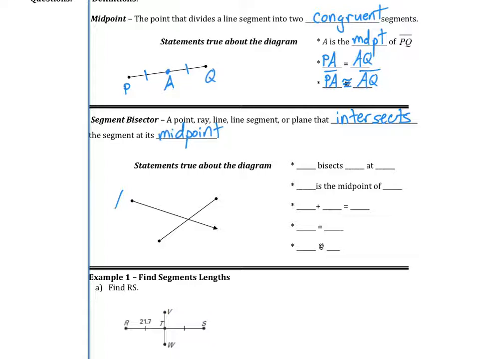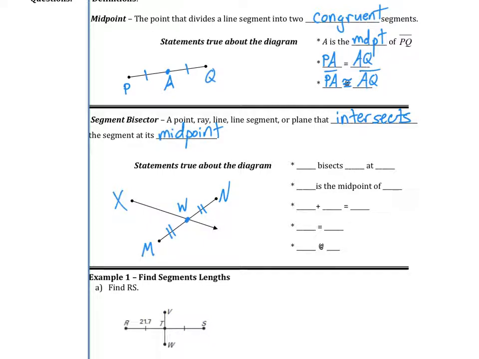Let's call this point X, point M, point N, and then in the middle we'll call this point W. Okay, and then if we want to show that this bisector goes through the midpoint, that would mean that each part would have to be congruent. So we'd have to put hash marks like that. So this is what the picture of a bisector would look like.